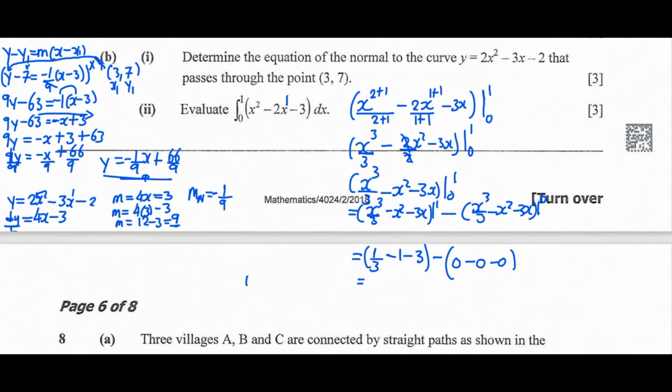So here we have 1 over 1, so that we can find the lowest common denominator. The lowest common denominator here is 3. 1 into 3 is 3 times 1 is 3, minus 3 into 3 is 1 times 1, here should be 1. 1 into 3 is 3 times 1, 3. 1 into 3 is 3 times negative 3 is negative 9.